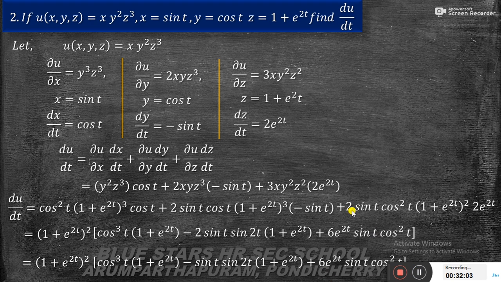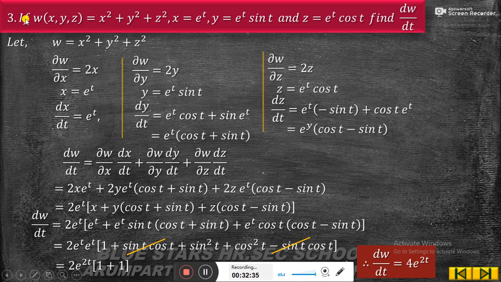Here 3 will come because of 3xy square z square, so 3 into 2 is 6 e power 2t sin t cos square t. Therefore 1 plus e power 2t whole square into cos cube t into 1 plus e power 2t, minus sin t sin 2t into 1 plus e power 2t, plus 6 e power 2t sin t cos square t. This is the answer for du by dt.